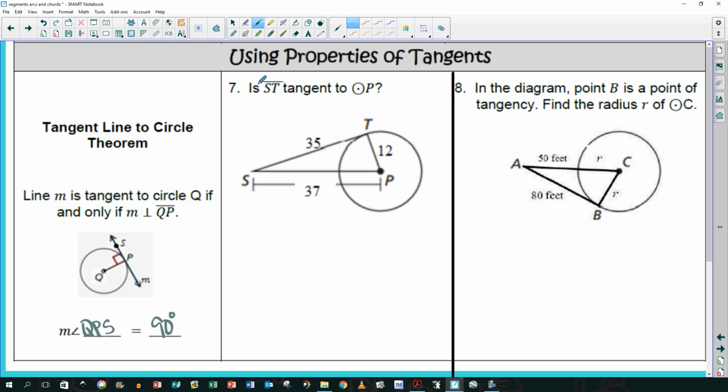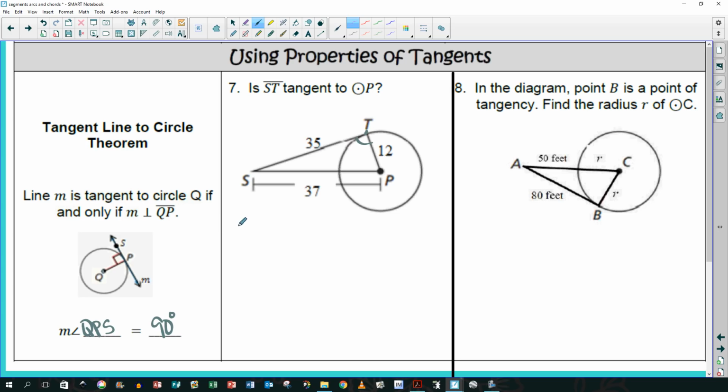This one says is ST tangent. Well, in order to find out if this is a tangent line, the only way to find out is to determine if this angle right here, if angle T, is a right angle. Well, the only way to determine if it's a right angle is to check and see if STP is a right triangle.